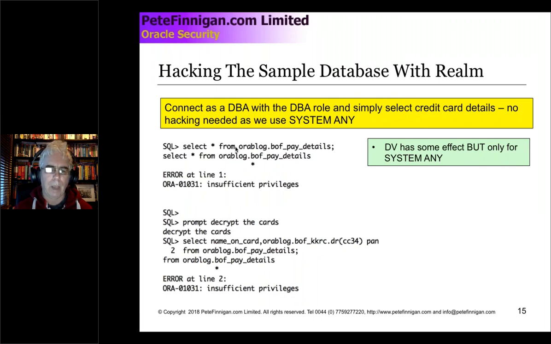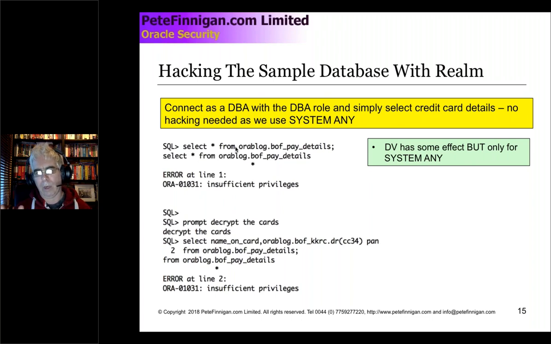If we connect as a DBA and we try and select all the raw details or we try and decrypt them, it doesn't work. Database vault has protected the database. So this is the unique case of database vault. You buy database vault, you implement it out of the box, it adds the separation of duties, the basic hardening.